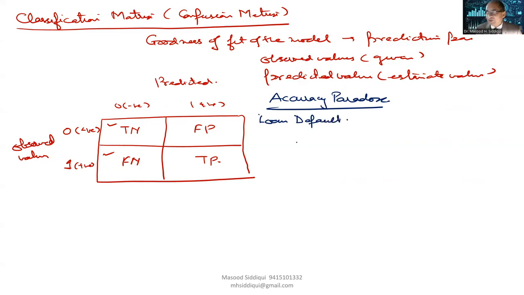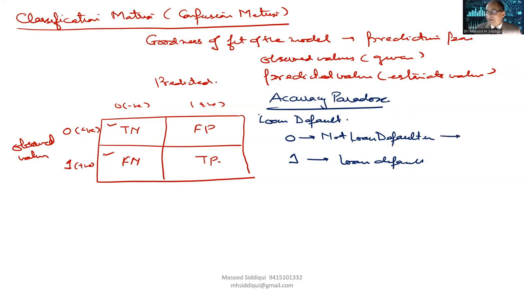We have two categories: zero, which means loan worthy, not a loan defaulter, and the other one is one, the loan defaulter. We have an equal number of cases in both categories.